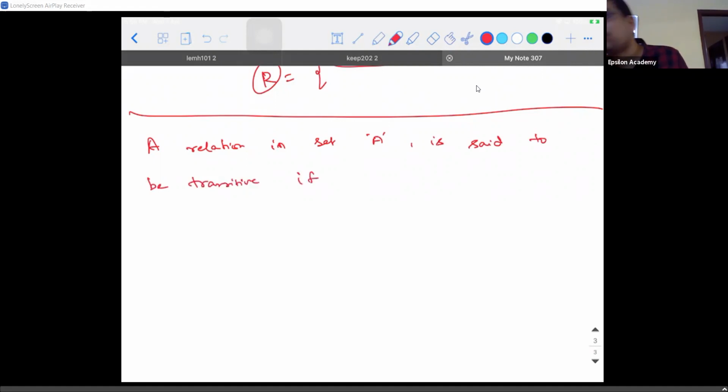Transitive if, okay, I'll put double F, if A1 comma A2 belongs to R, I just put it, I'm trying to specify. A1 comma A2 belongs to R, A2 comma A3 belongs to R.